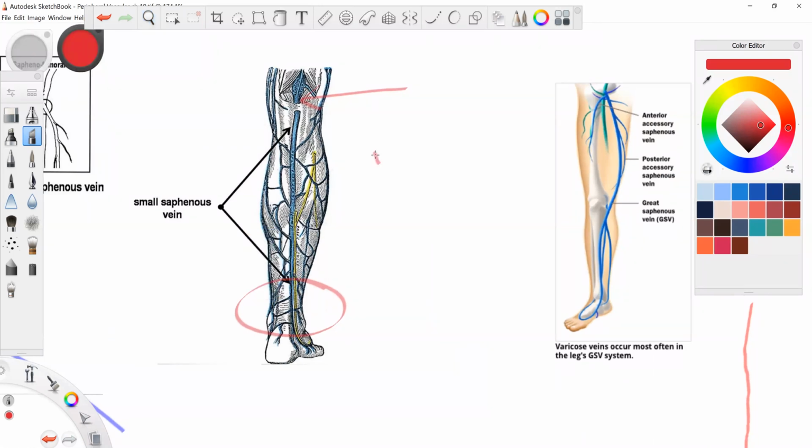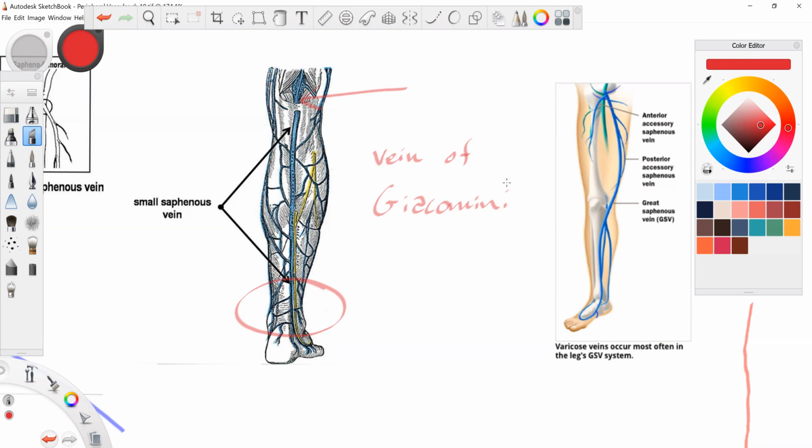It's called the vein of Giacomini. I may or may not have spelled that correctly. Find an Italian person to find out if I said that correctly. Giacomini.